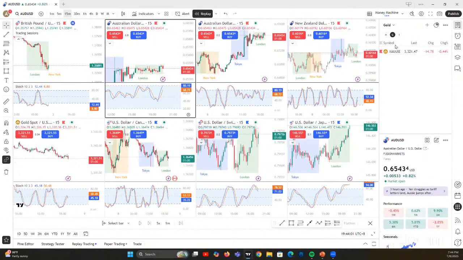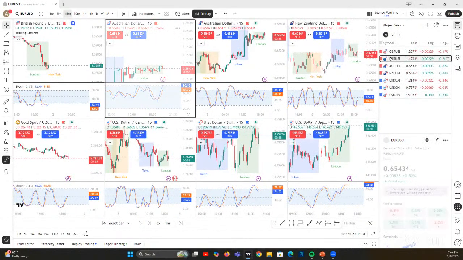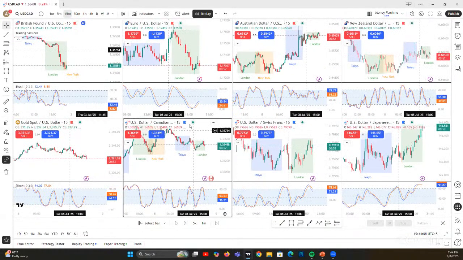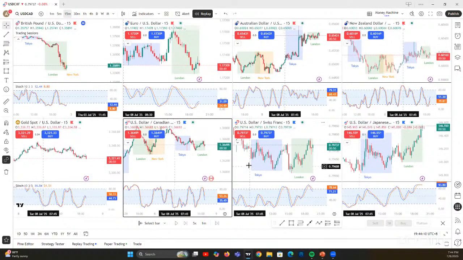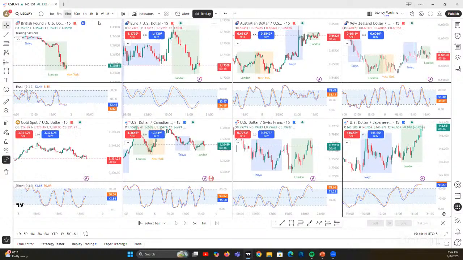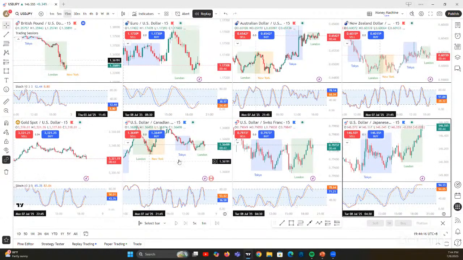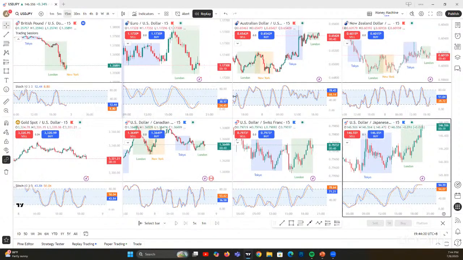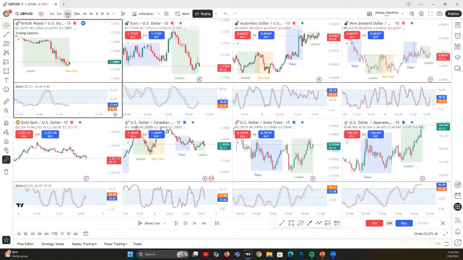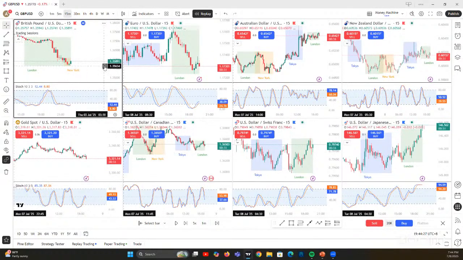Okay, let's change this to EUR USD, AUD USD, NZD USD, gold. Okay, USD CAD, USD CHF, USD JPY. Now we have all the Team A and Team B in one screen. Okay, now we can see, okay, now these are all in the 15-minute.